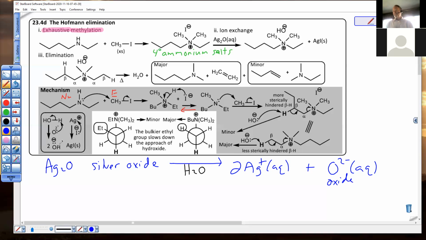So you're making 2 of the same molecule from different approaches. One loses a proton, so it acts like an acid, loses a proton to become hydroxide. And here, O2 minus is a base that picks up a proton and becomes hydroxide.